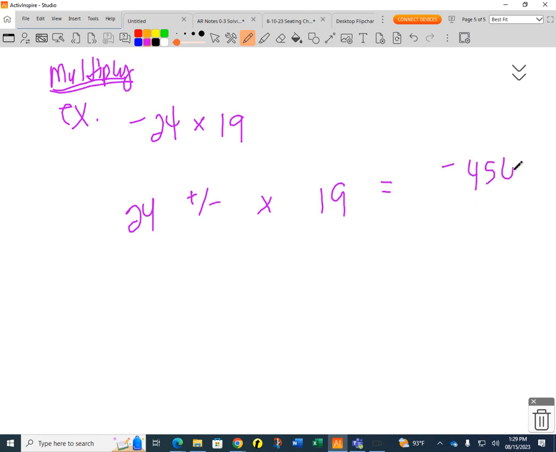Nice. Okay. What if I have two negatives? So let's say I have negative 121 times negative 9. How am I going to enter that into the calculator? Alex, can you tell me? How do I enter negative 121 times negative 9 in the calculator?